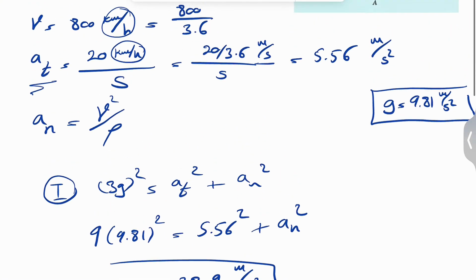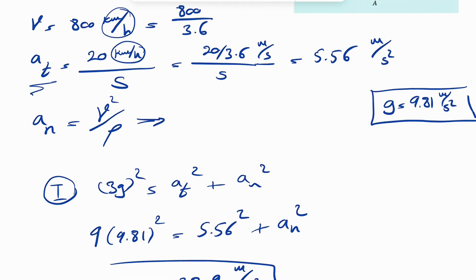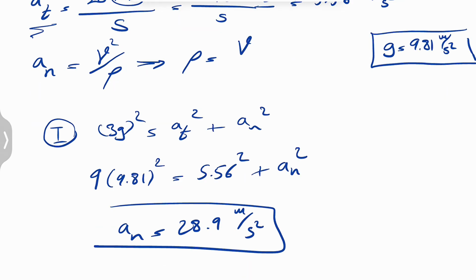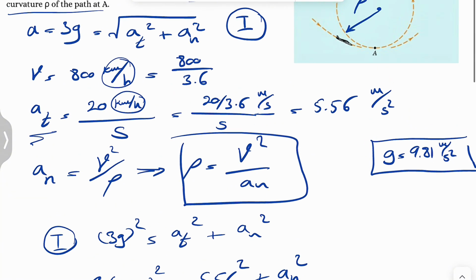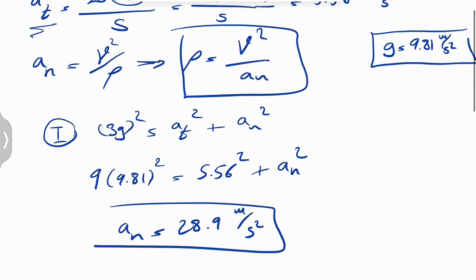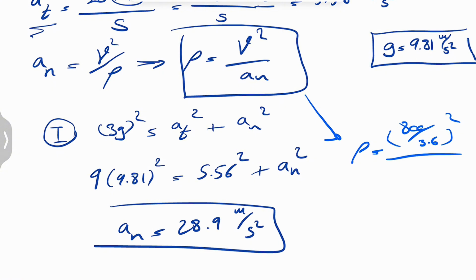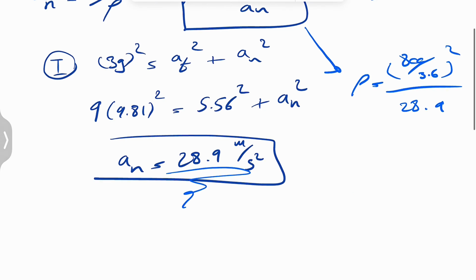Now that we have this, we already have everything in this formula. So rho will be v squared over a_n, and that's going to be our equation to find the radius. We just have to find v in meters per second, which is what we did in here. So let's plug in the numbers. Rho would be basically 800 divided by 3.6, squared, over a_n, this value right here, 28.9.